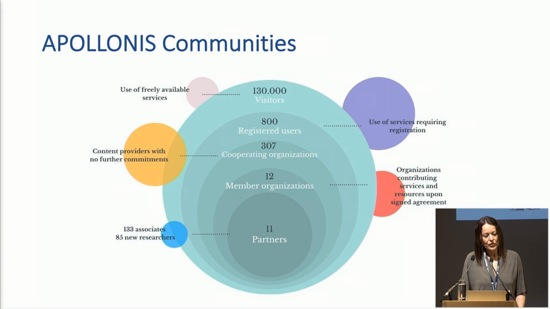We have 307 content providers without further agreements, 800 registered users, which means users that need to authenticate in order to use services that require registration, and more than 130,000 free users, visitors actually, that can also use the freely available services.